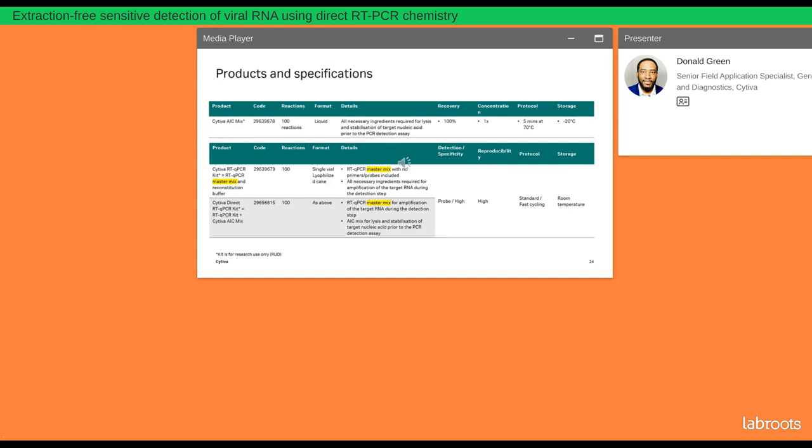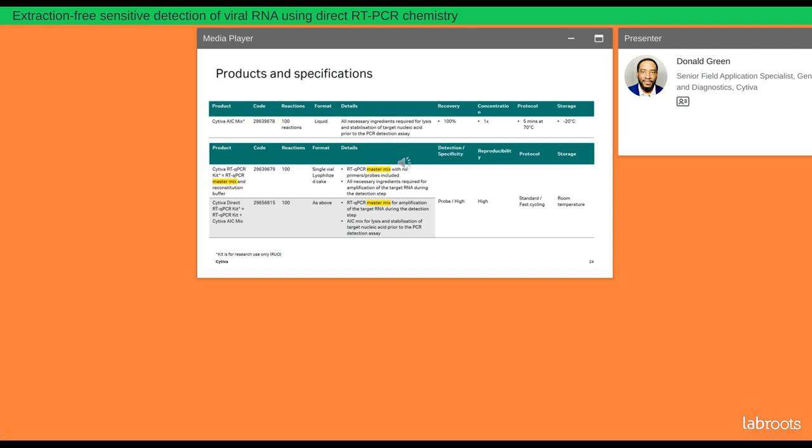We've had customers that really wanted to just have a lyophilized ready master mix that they can have in plates or have ready to go to use with their in-house reagents. We've had customers that really just want to convert their in-house qPCR to a one-step using the Cytiva AIC mix, and we've had success with both.